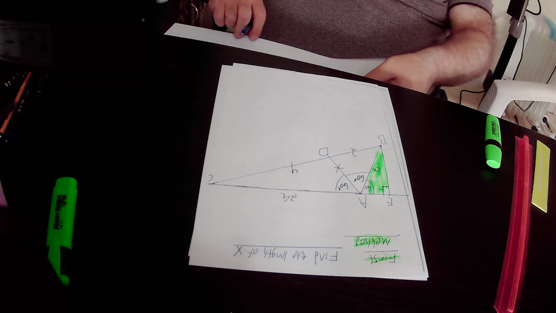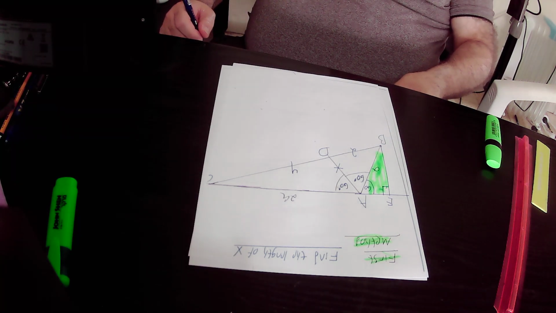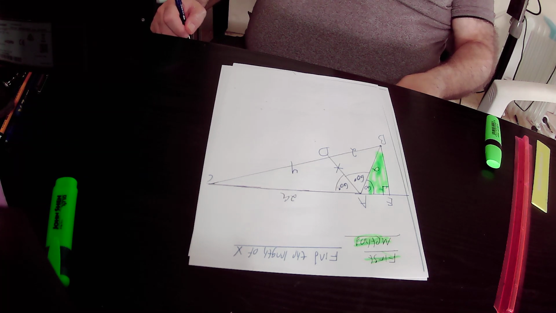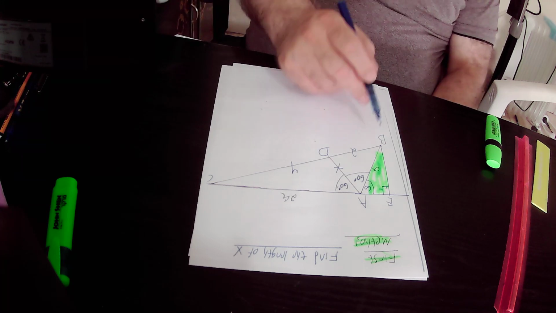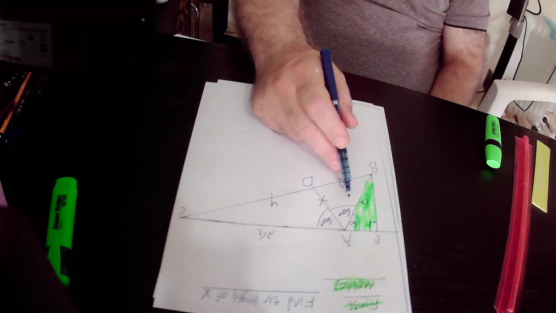So cosine 60 degrees equals EA over AB, but AB equals A according to what's given in the question.